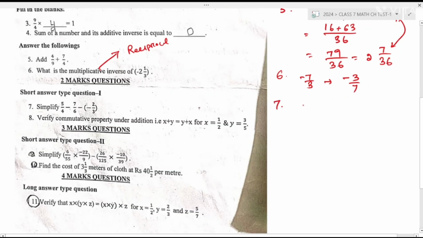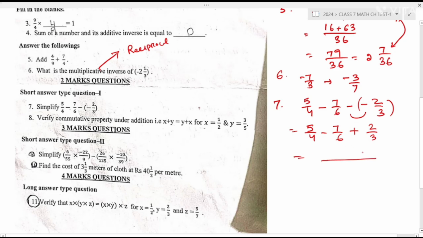Now next question number 7. Simplify. So how to simplify? First write down 5 by 4 minus 7 by 6 minus minus 2 by 3. So write 5 by 4 minus 7 by 6 plus 2 by 3, because minus into minus equals plus. So take the LCM of 6, 4 and 3, that is 12.